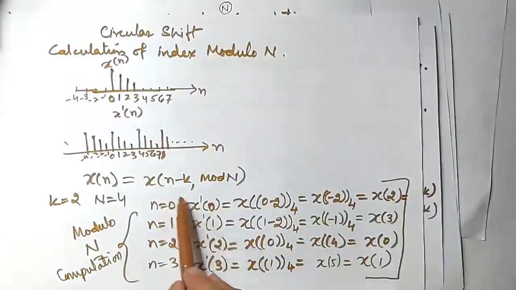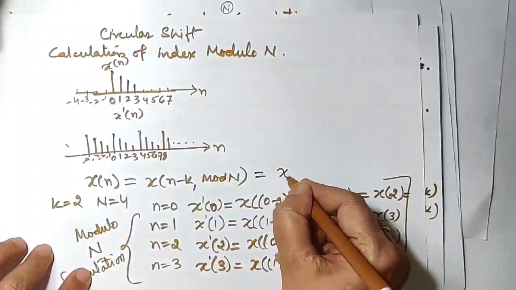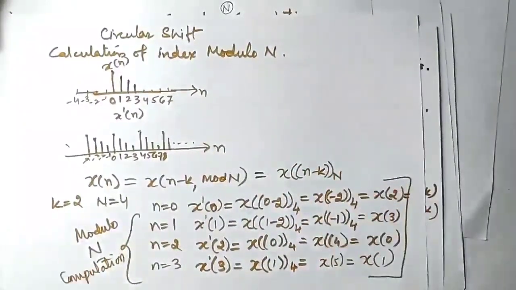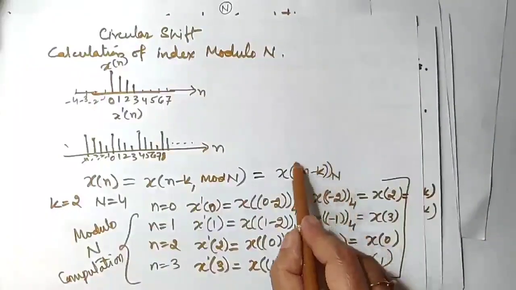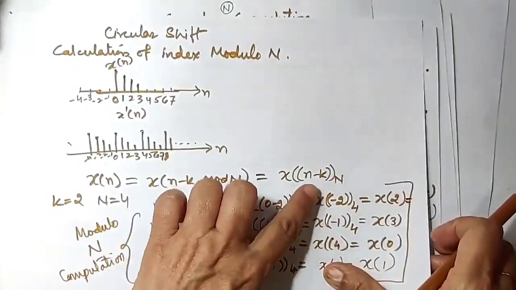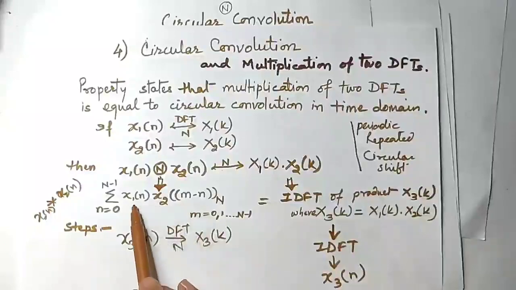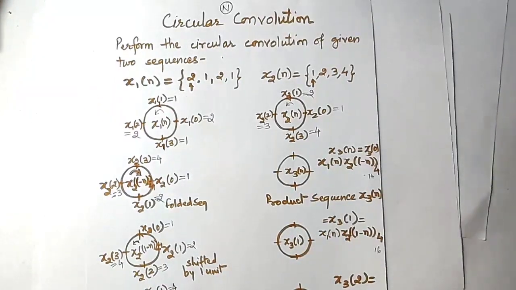It can be written as x(n minus k) modulo N, which is the shifting of the sequence, multiplied with x1(n).